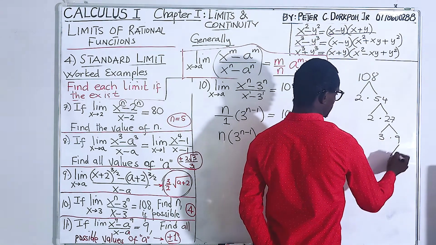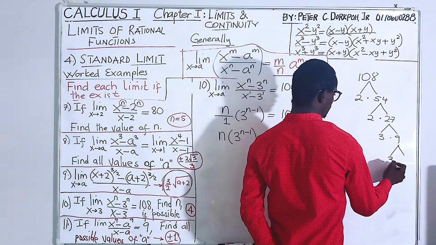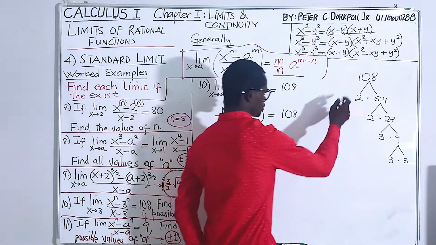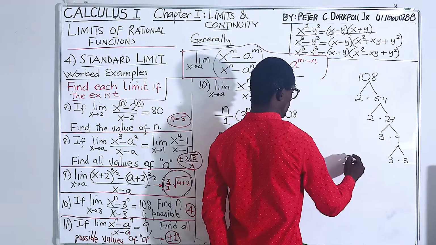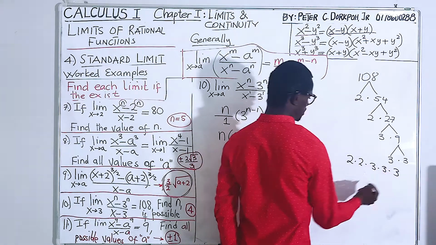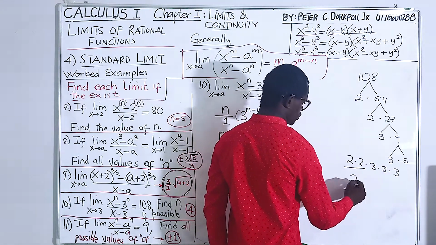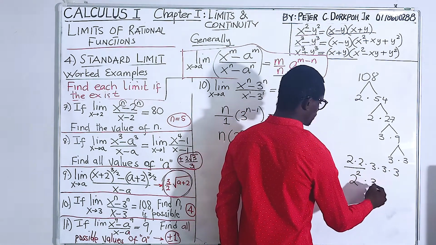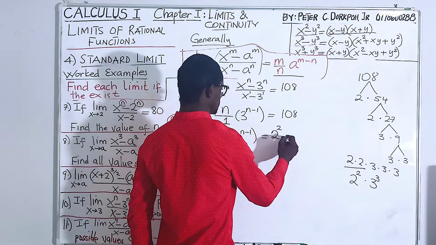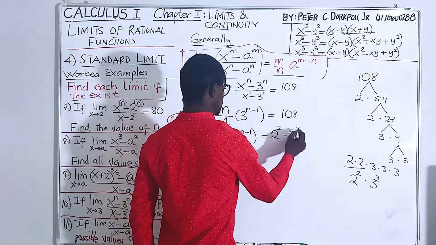And then this 9, you can have 3 times 3, right? So now what are those expressions that we have? We have 2 times 2 times 3 times 3 times 3. So this one is 2 to the second power times 3 to the third power.